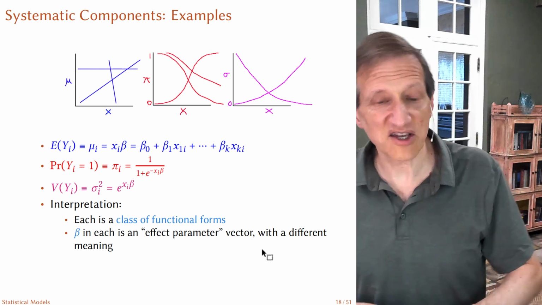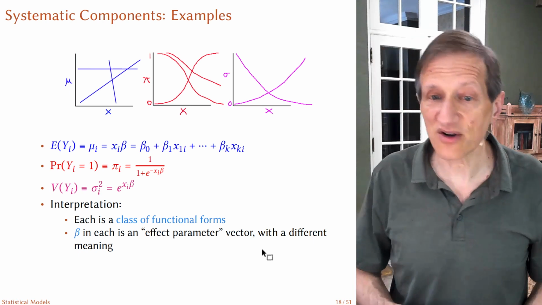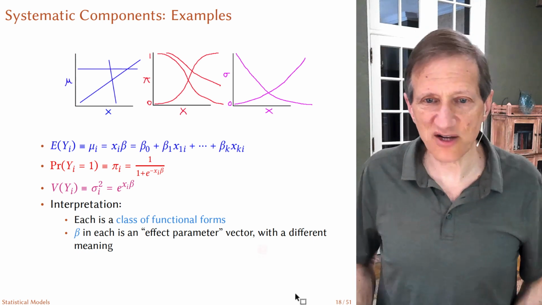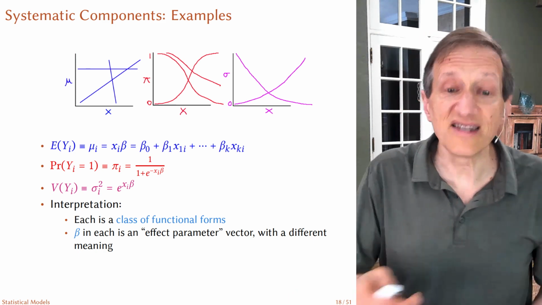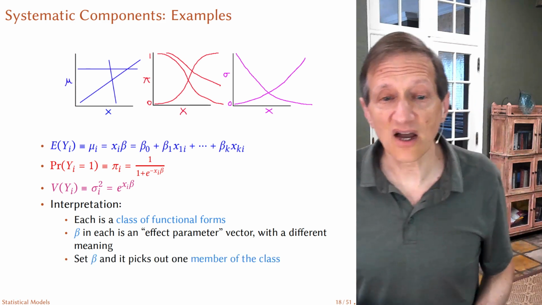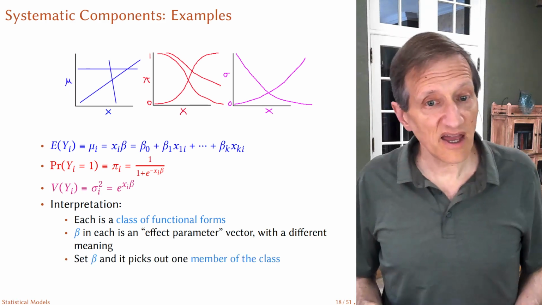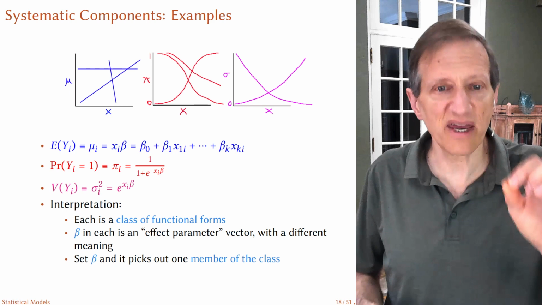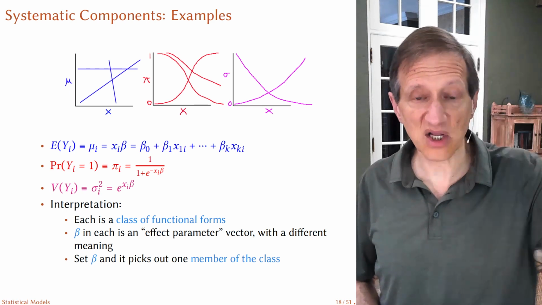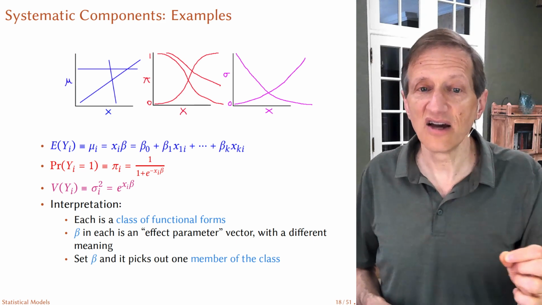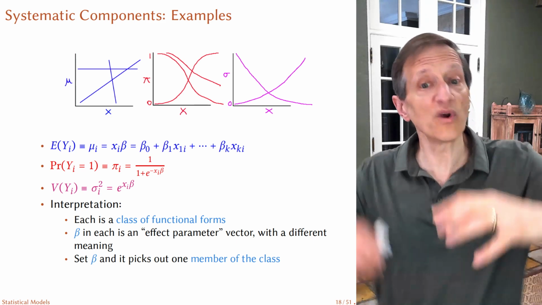Beta is what we might call an effect parameter. Doesn't mean it's a causal effect. We'll have to figure out what that means. It's an effect parameter with a different meaning, right? We're going to set beta, and eventually we will estimate beta. It will pick out one member of the class as the best summary within the class.